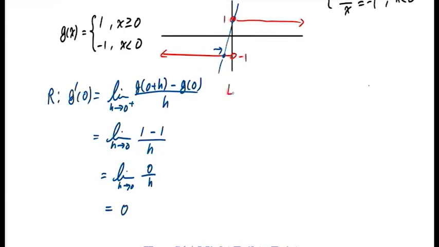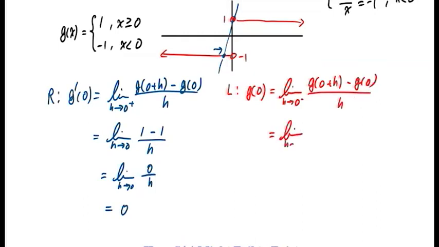So left-hand side, g prime of 0 is equal to limit of h approaching 0 slightly from the negative side, g of 0 plus h minus g of 0 over h. And that is limit h approaching 0. Now, since h is slightly negative, we are supposed to use this piece now, right? So we have negative 1 minus, okay.